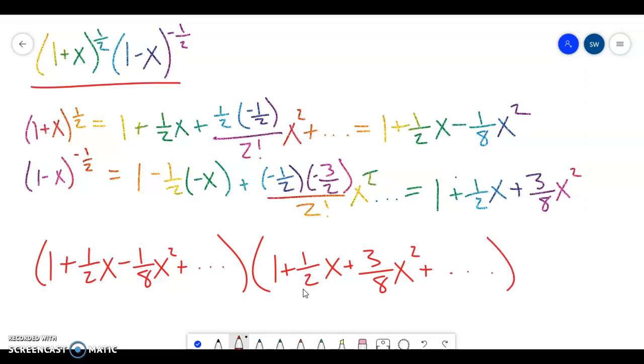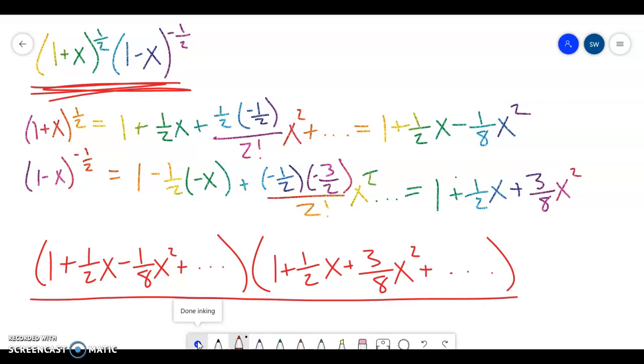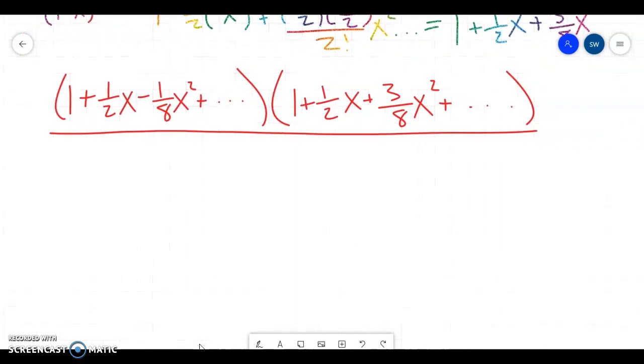Alright, so we're almost there now. We want this total expansion, up to the x squared term. So we're just using distribution, distributing this infinite power series with this one.